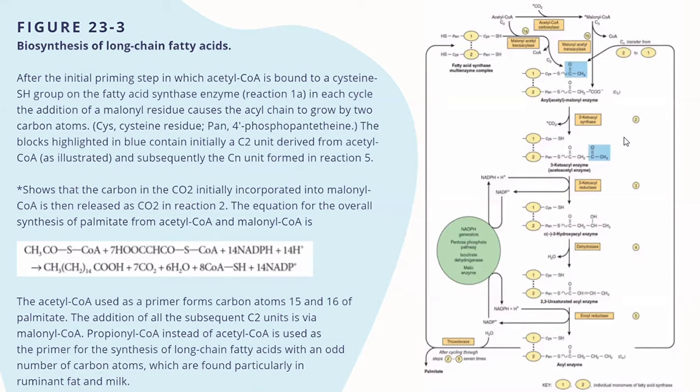Then 2 reductive processes, 2 reduction here, another reduction here. Now that's NADPH. Until you have now 16 carbons. So you go around, then go around again until 16 carbons are formed, and then that is released as palmitic acid, and then your enzyme complex becomes empty-handed, and they start all over again.